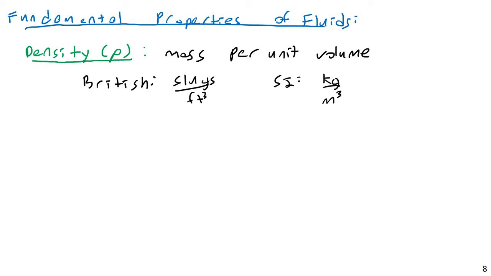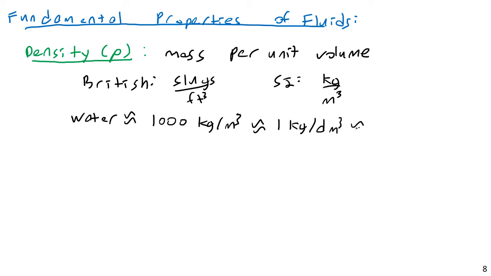So that's something that can be useful to keep in mind. Although the exact value will vary based on pressure, temperature, etc. But again, water is approximately 1,000 kilograms per cubic meter, approximately 1 kilogram per decimeter cubed, or approximately 1 kilogram per liter, if that's a unit you're working with.